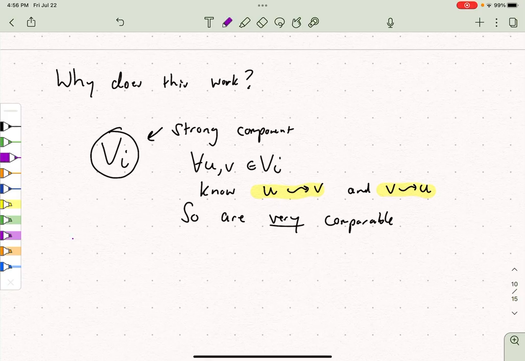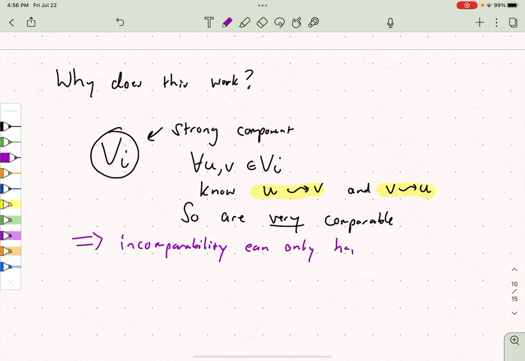So in particular, this implies incomparability can only happen between nodes in different strong components.